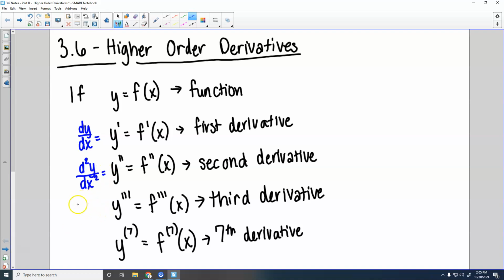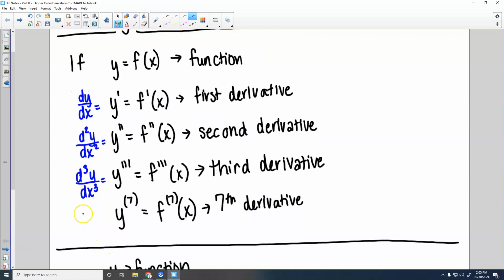If you're doing a third derivative, it'd be d cubed y over dx cubed. If you wanted a seventh derivative, it would be d to the seventh y over dx to the seventh. So that's just notation for asking for this.